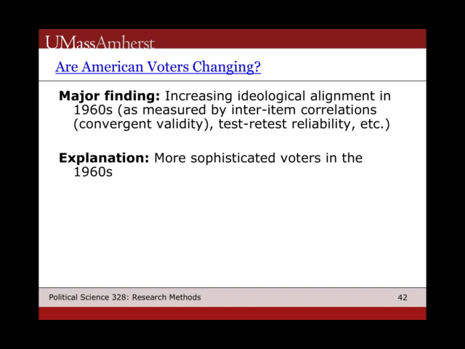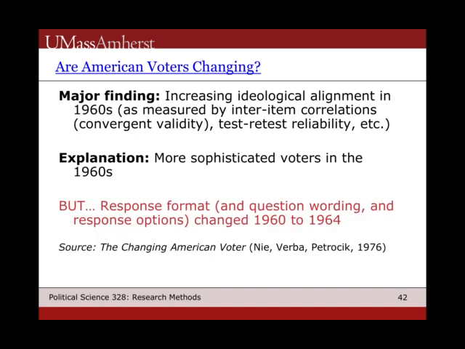It appeared those correlations were much higher. And initially, there was in fact a book published that claimed that, in essence, 1960s voters were more politically enlightened or more sophisticated. It turned out, though, that later studies revealed that it was simply a change in the response format between 1960 and 1964.